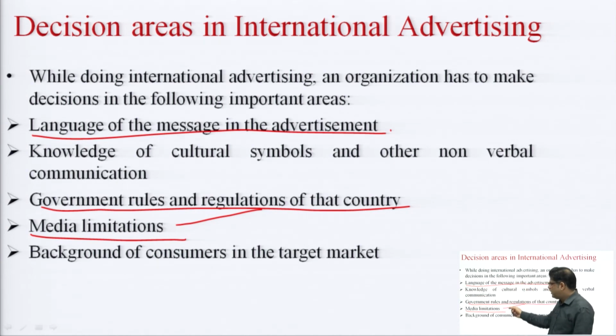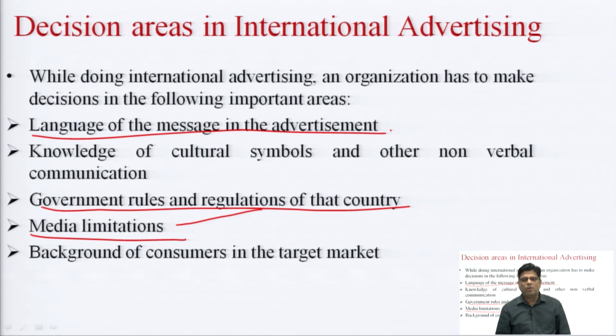So, one of the media limitations is not being able to use the media because of expenses. The other is non-availability of media. If we talk about rural areas in India, in Indian rural areas sometimes internet is not working properly. So, using internet to advertise in rural India will be a bad idea, while using radio or local newspapers, Hindi newspapers in North India, all these media would be more impactful and more effective.